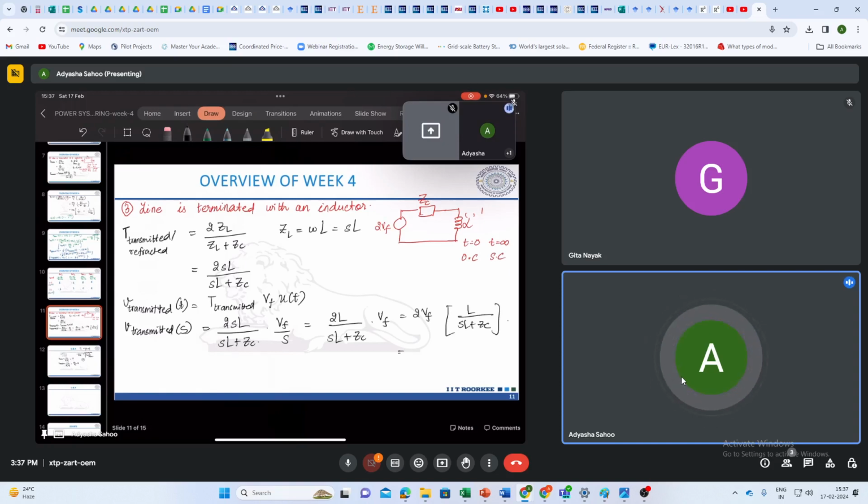So this can be written as 2V_F if I divide by L, 1 by S plus Z_C by L.